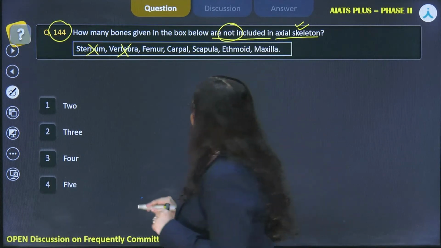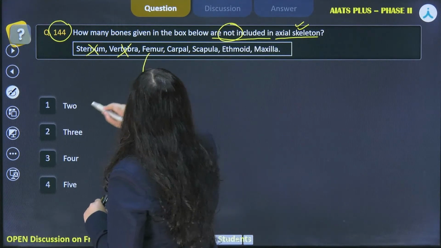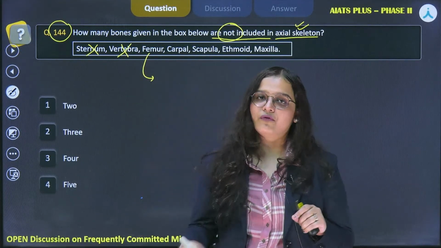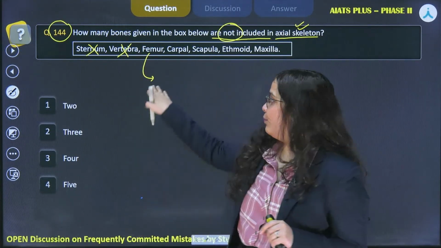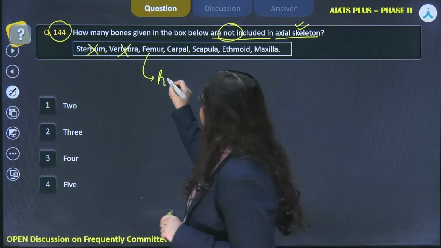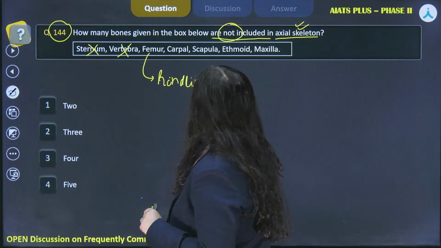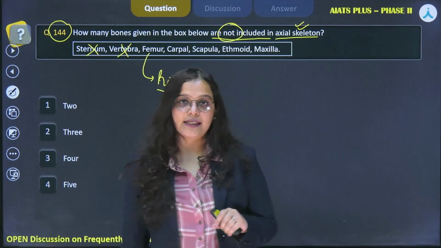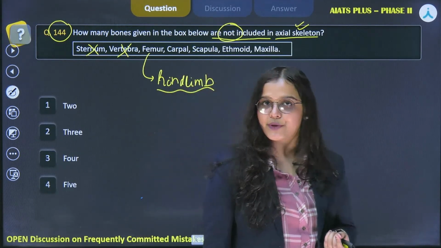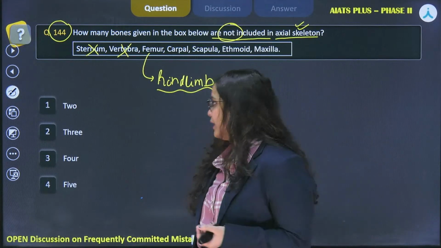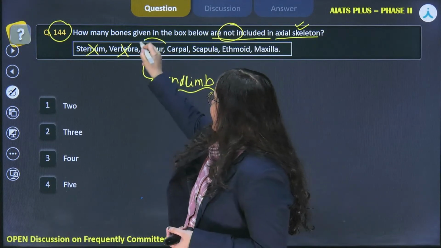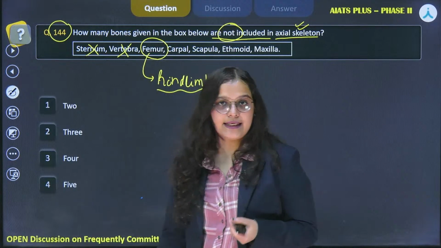Femur is a bone of our hind limb, and it is also known as the longest bone present in the human body, and it is a part of the appendicular skeleton.